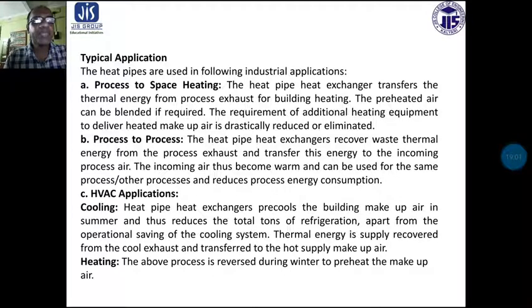The preheated air can be blended if required. The requirement of additional heating equipment to deliver heated makeup air is drastically reduced or eliminated.